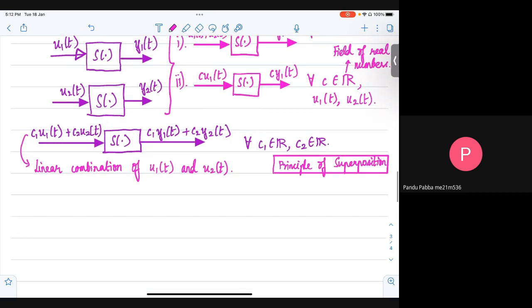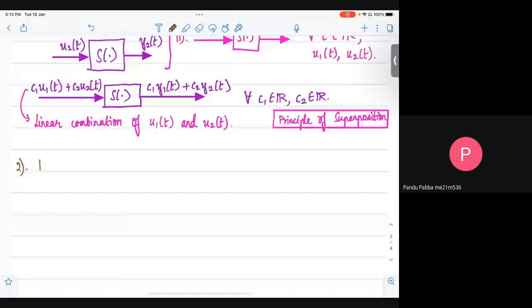Now, the second classification is that of a time invariant system. This term looks very counterintuitive, right?